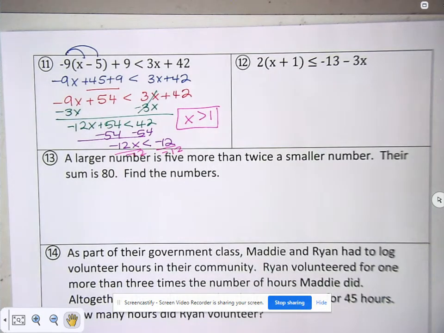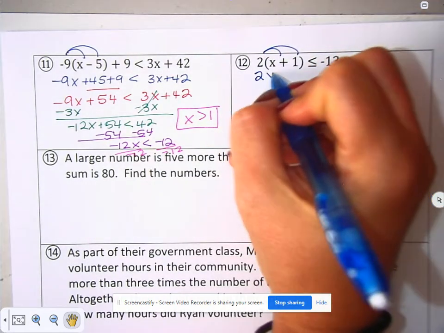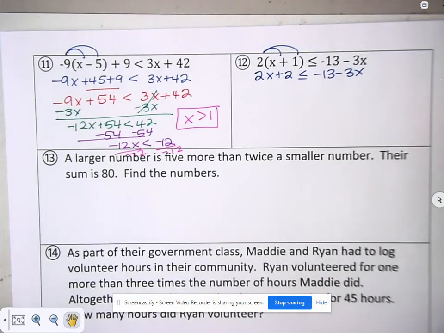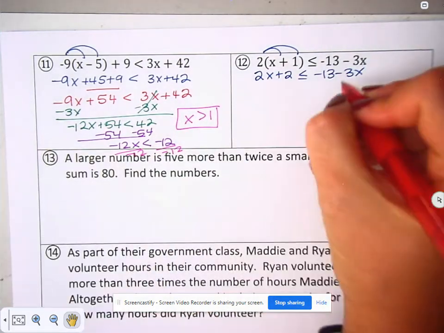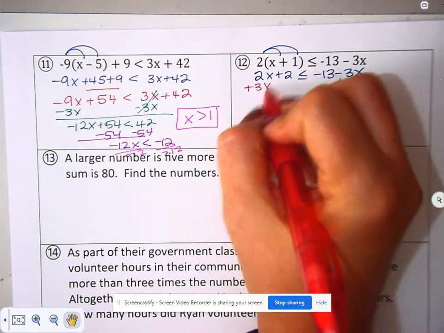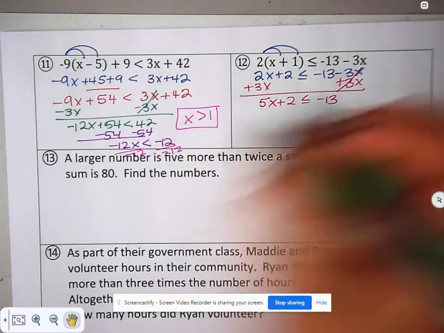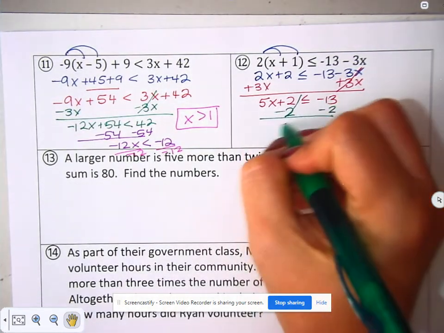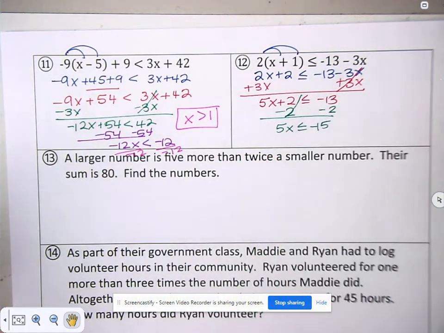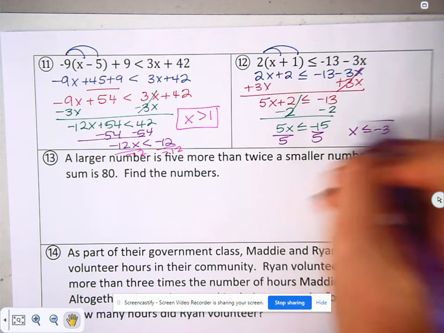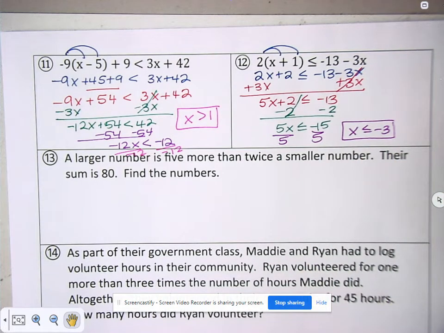A little hard to see that, sorry. All right, and the last one of these before our word problems. Didn't need to flip there. So here we are.